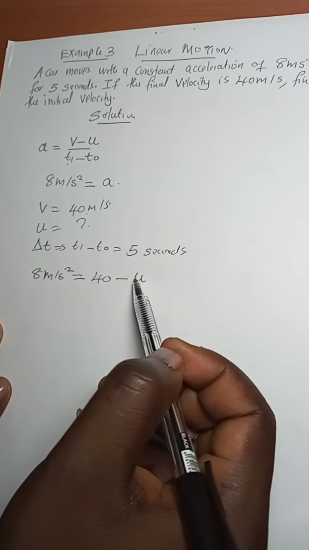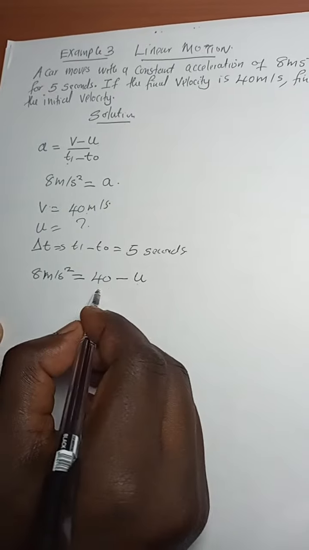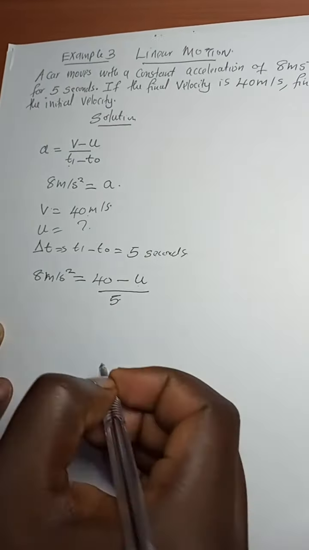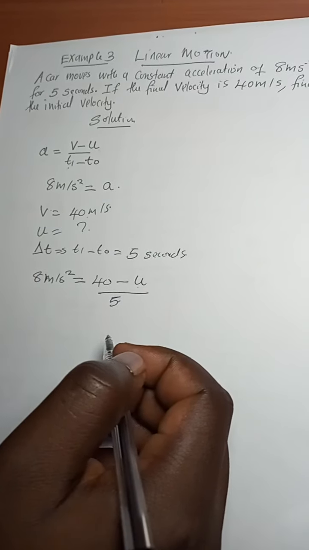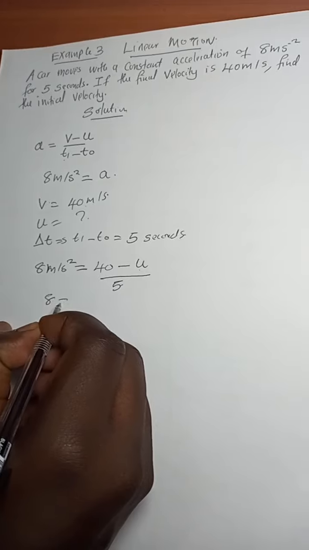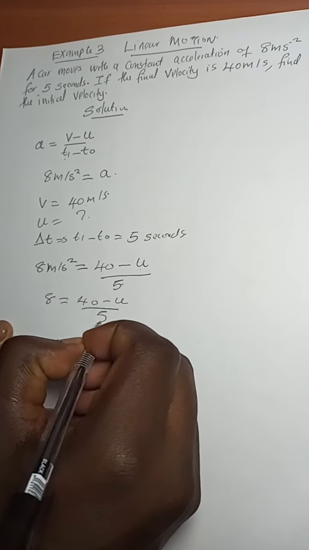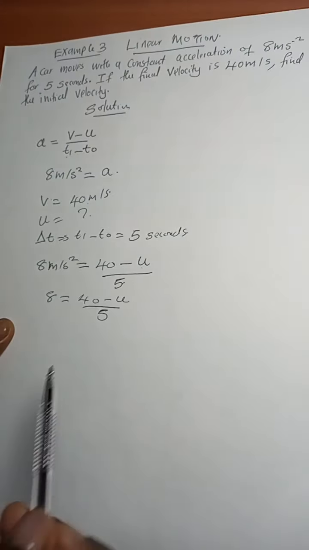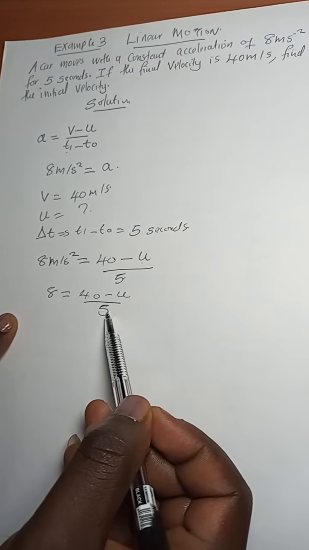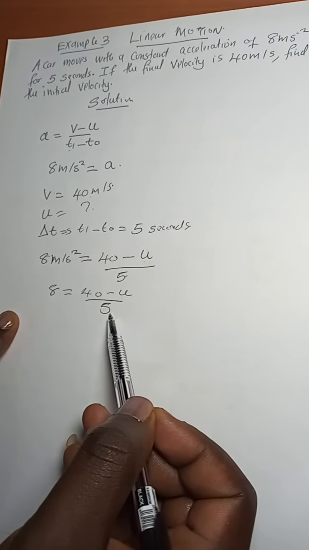So let us just put the initial velocity as u over the change in time, which is 5. So from here we can say that 8 is equal to 40 minus u over 5. This 5 here is not looking that good, so we need to eliminate this denominator. We need to do away with it.